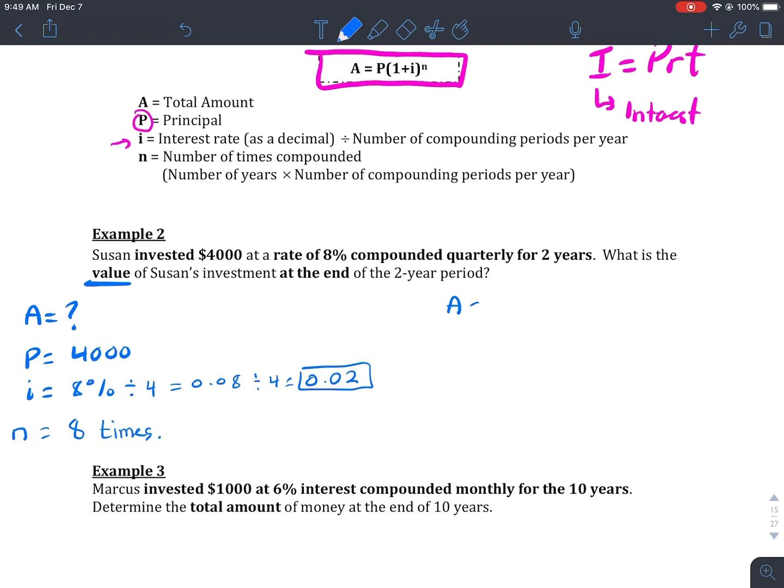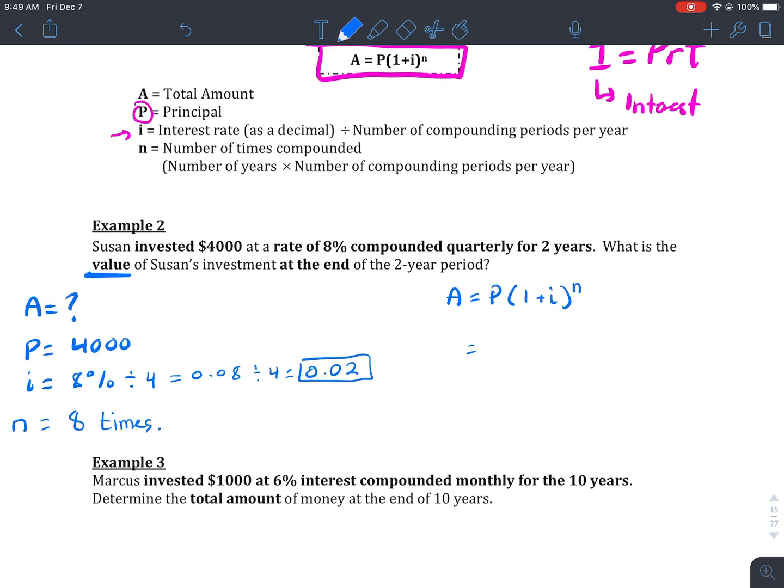We have everything we need. We can put it into our formula given to us for compound interest, and away we go. So here's the formula: principal multiplied by 1 plus that interest rate to the power of n. Principal is 4,000. We have 1 plus 0.02 to the power of 8.